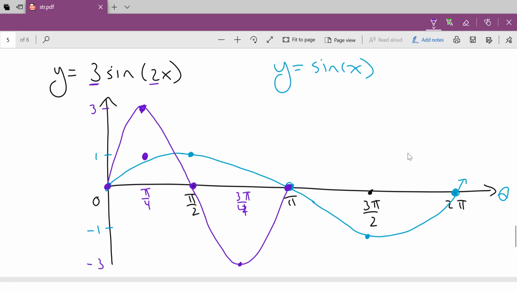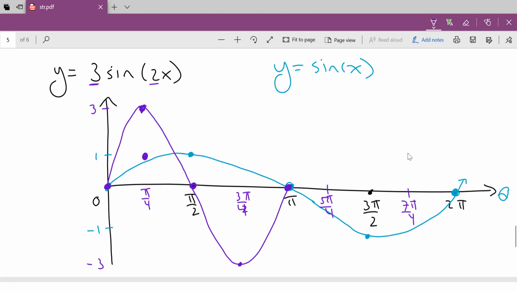Now, if I wanted to draw 2 periods or 2 cycles, all I'm going to do is repeat the pattern. I see all these distances on my theta intercepts are all going up by a quarter. So I would just keep going. So I would just keep labeling 5 pi quarter. Well, 6 pi quarter is 3 pi over 2. 7 pi quarter. 8 pi quarter. Well, that's 2 pi, right?